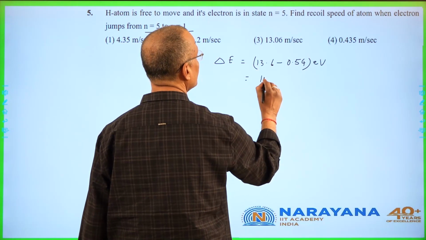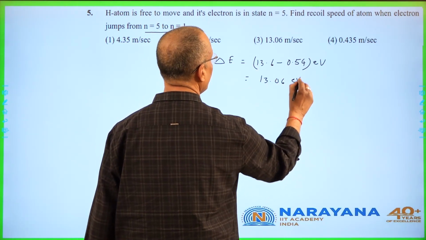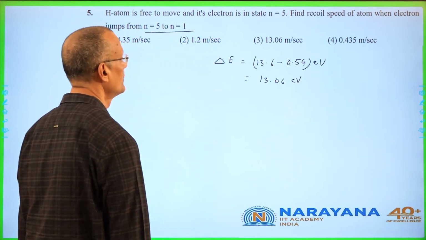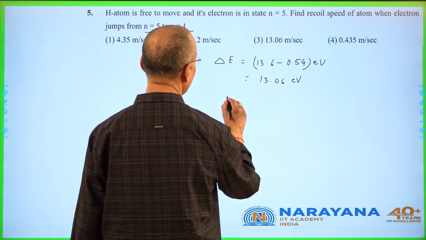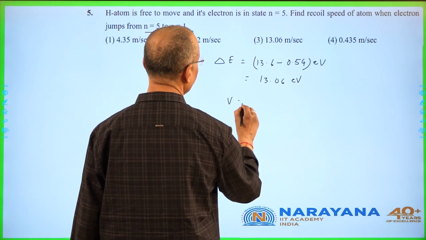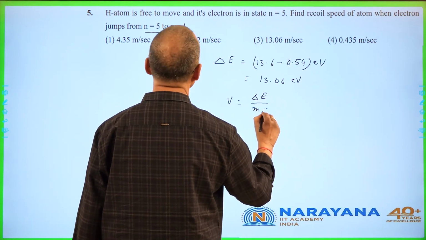It will become 13.06 electron volt. Okay, now you want speed. Directly you can say V will be equal to del E by mc.